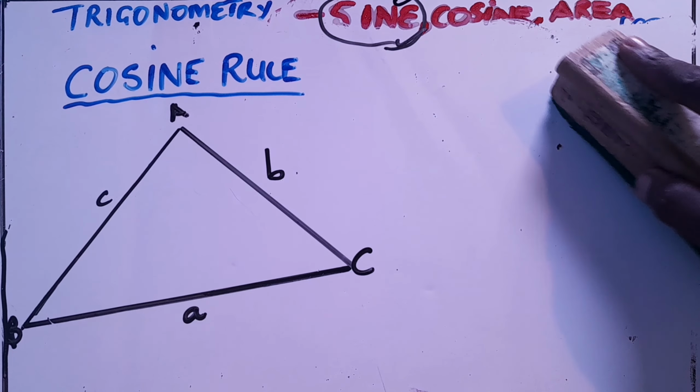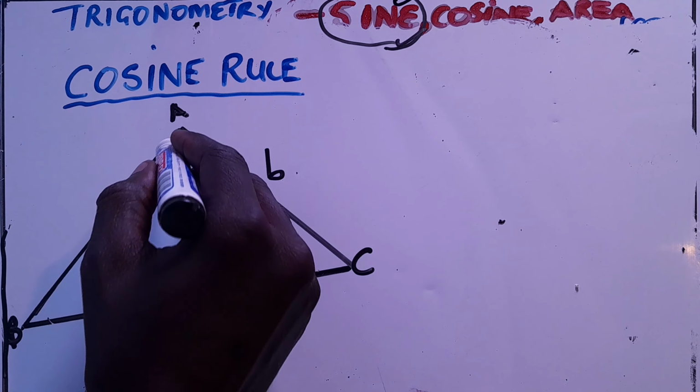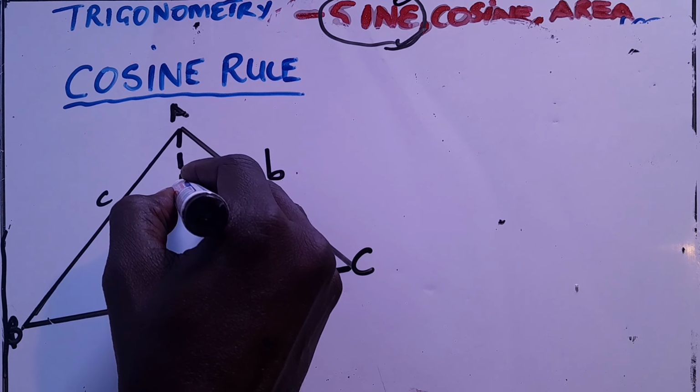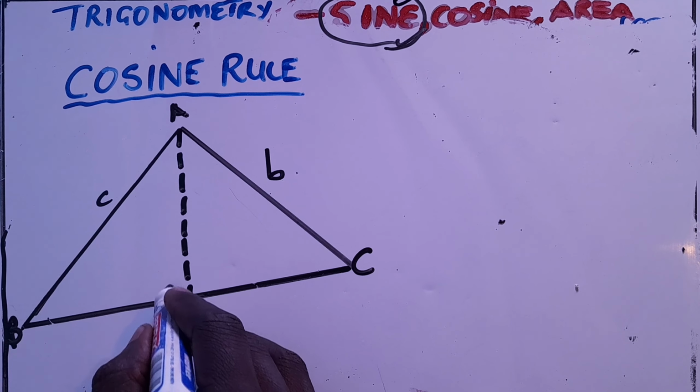So let's try to use our cosine rule now. How does the cosine rule work? If we're having a triangle like this, to prove this we're going to start by constructing. Let's construct D there.